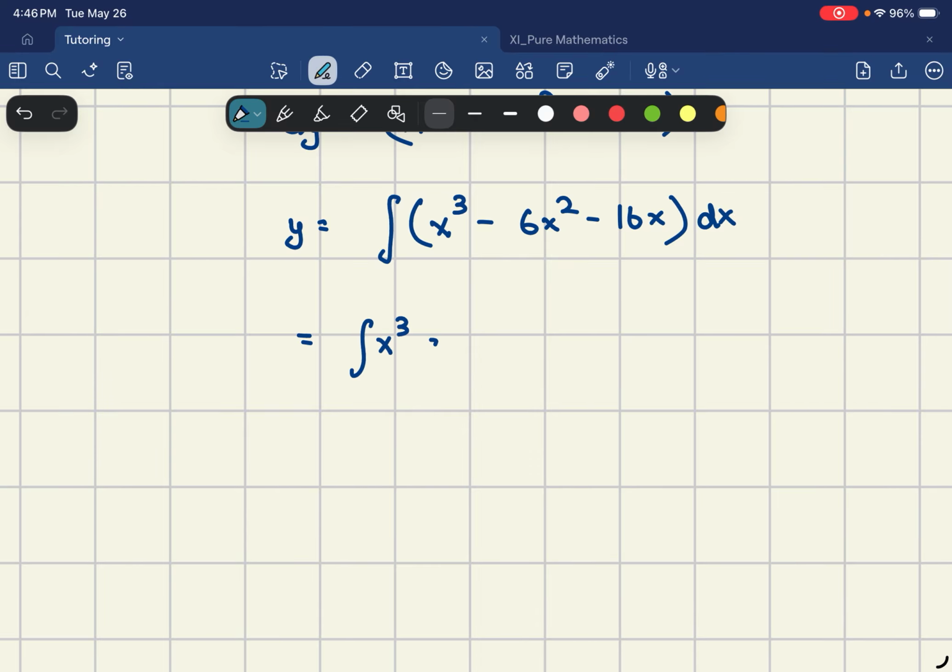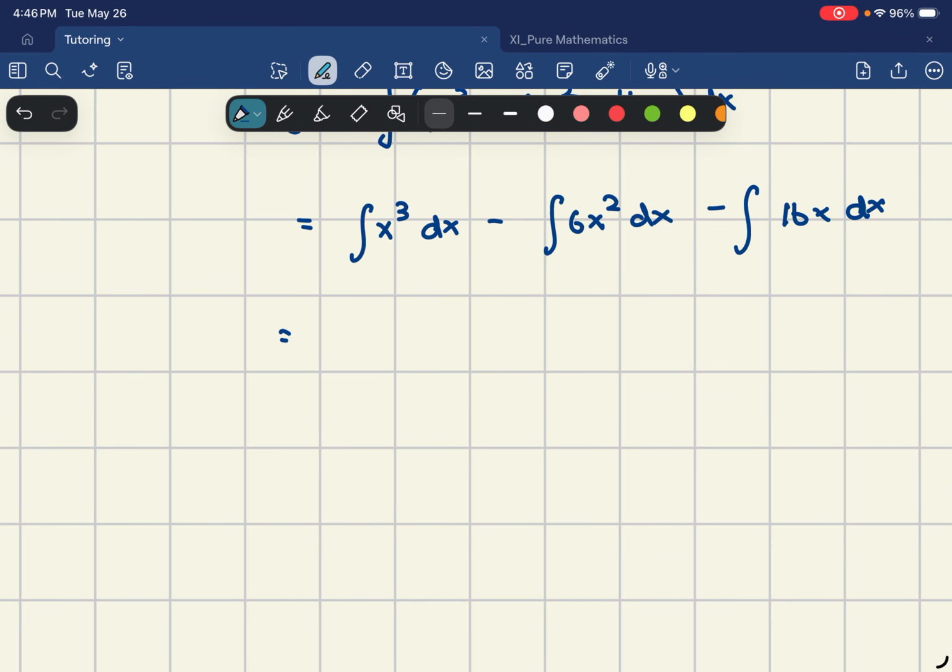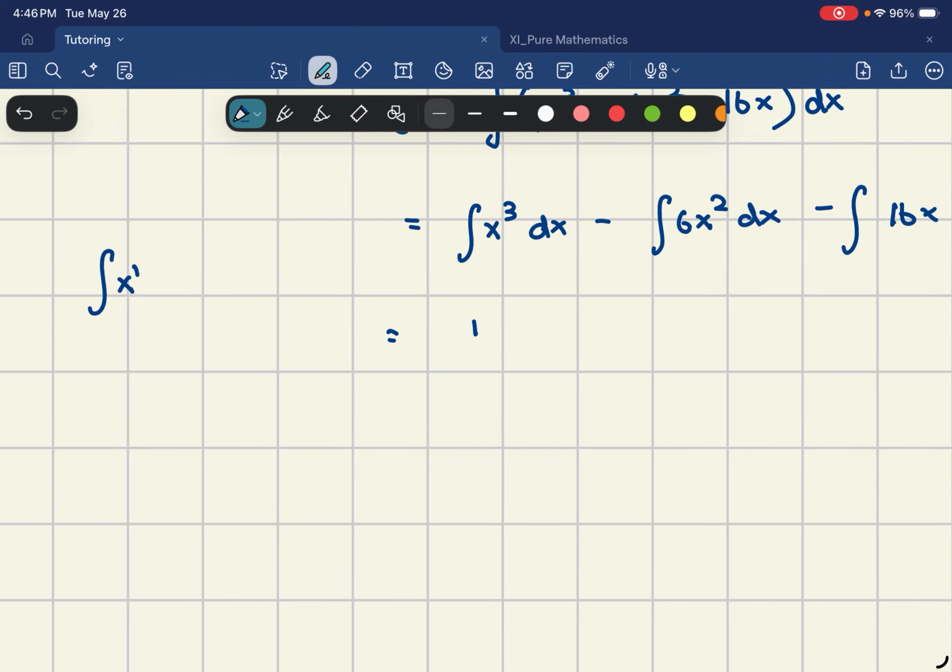I can do x cubed dx minus 6x squared dx minus 16x dx. All right, so this is going to be 1 over 4 x to the power of 4. How? Use this formula that I told you: x to the n plus 1 divided by n plus 1 plus c. So in this case, n is equal to 3.